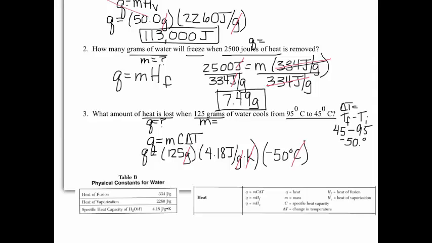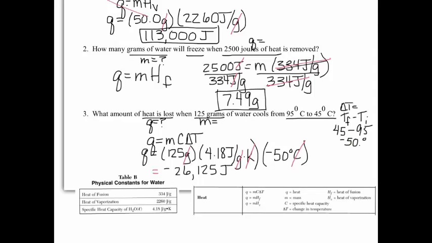So all we're going to need to do is multiply those 3 numbers, taking into account that one of them is actually negative. So 125 times 4.18 times negative 50. And we get negative 26,125 joules.